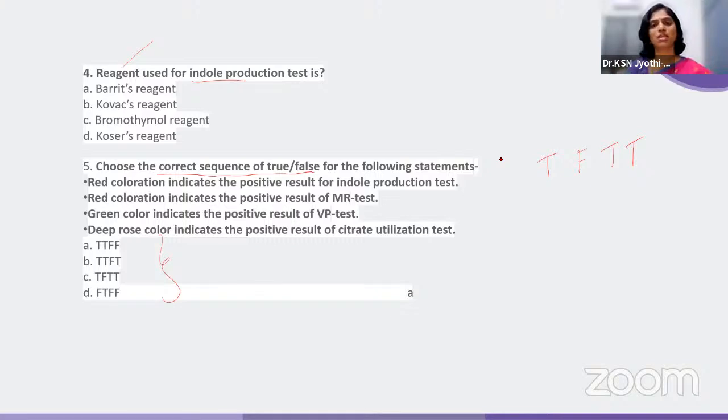All this understanding can be done if you identify the bacteria, both by staining techniques and biochemical tests. So please make your own understanding. As I said, make a tabular column when you're doing biochemical tests: organisms, and positive, negative. So that will definitely help you answer any kind of question in any kind of examination.